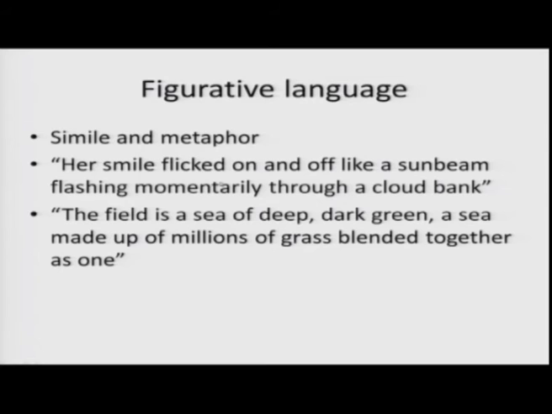Let us look at another example. The field is a sea of deep dark green, a sea made up of millions of grass blades blended together as one. This is an example of a metaphor. Here what are the two things? Field and sea. Instead of saying this field is like a sea, you are straight away saying the field is a sea. What is the common thing?